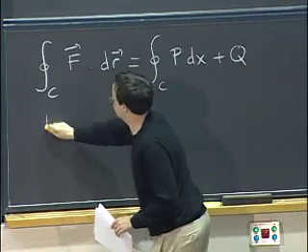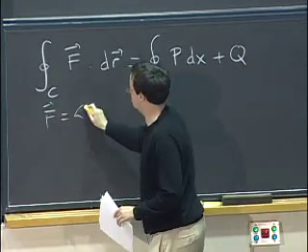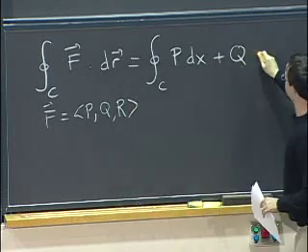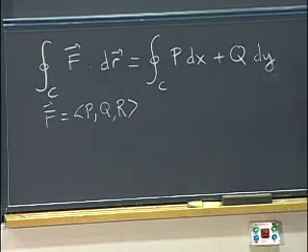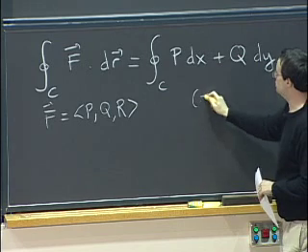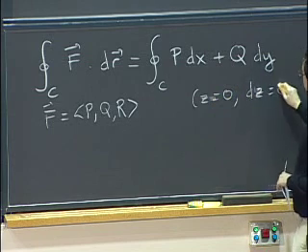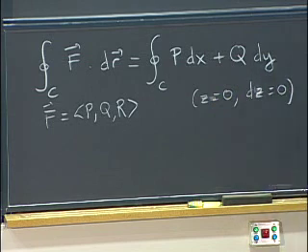I guess if I call the components of my field P, Q, and R, it will be P dx plus Q dy plus R dz, but I don't have any z here. dz is 0 on C. So if I evaluate the line integral, I don't have any term involving dz. Z is 0.